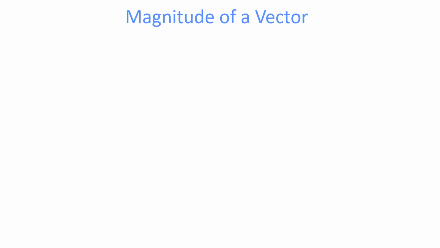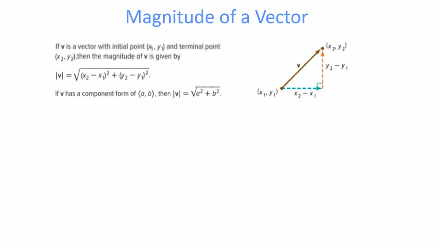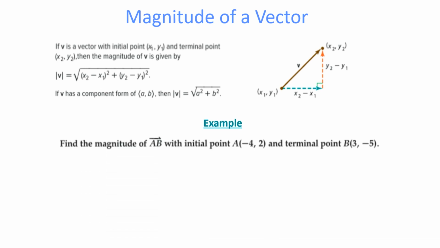We can also work out the magnitude of a vector by using Pythagoras. We see here the formula is a version of Pythagoras. It is the magnitude of V equals the square root of the difference of the x values squared plus the difference of the y values squared. So an example here would be find the magnitude of AB with initial point (-4, 2) and terminal point (3, -5).